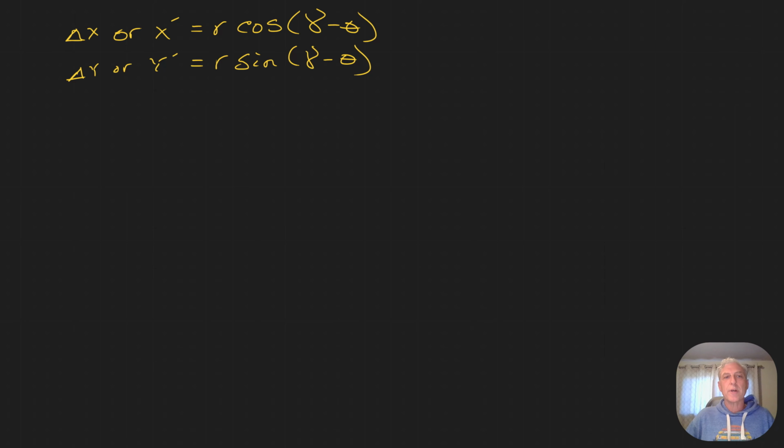Now that's not a very convenient way of representing our function, right? What if we were to use trig identities? So we use a trig identity on gamma minus theta.